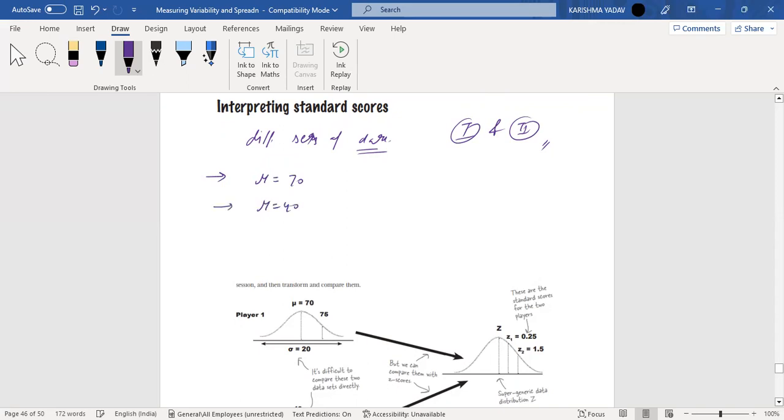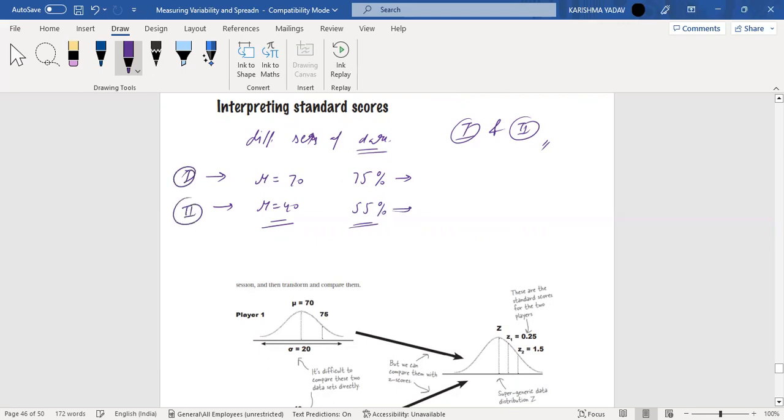Different means make it difficult to compare how the players are performing relative to their own track record. In a particular practice, the first one gets 75% and the second one gets 55% of the times. So the first player has gotten the ball in the basket more often than the second.